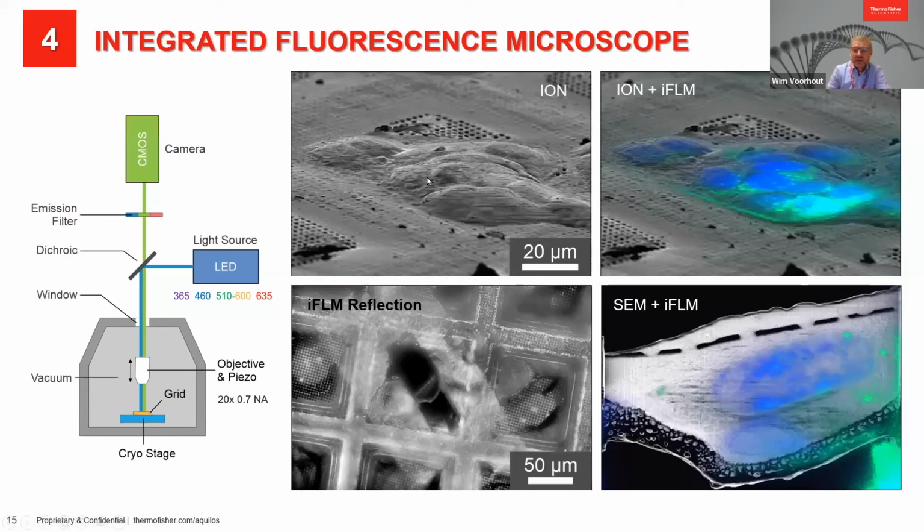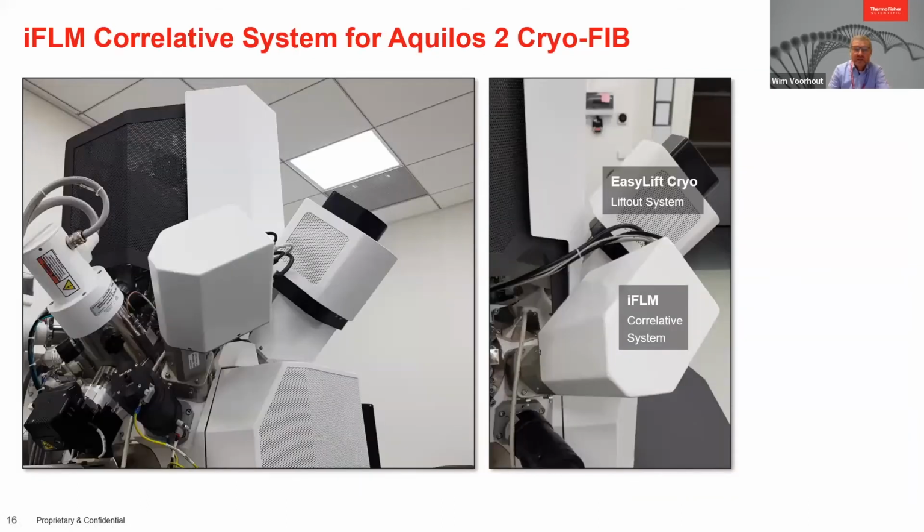On the left, you see an image taken with the ion beam, and on the top right, you see a combined image of the ion beam image with the fluorescent image. That will then help you to target the area of interest to prepare the lamella.